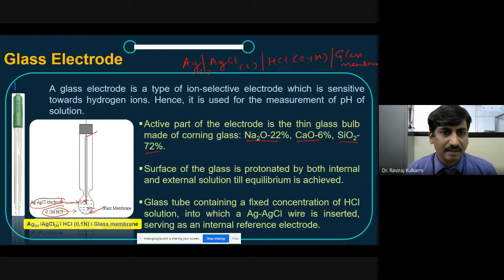Here this silver wire is coated with AgCl. That AgCl is in contact with this 0.1 molar HCl solution, and that HCl is in contact with the glass membrane. This is how we represent the electrode. This is the electrode representation.